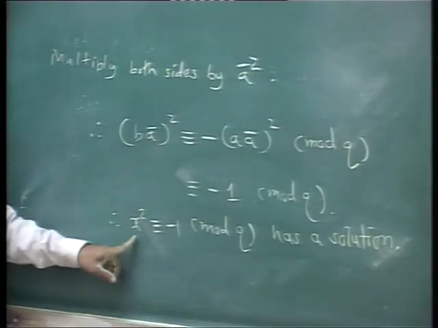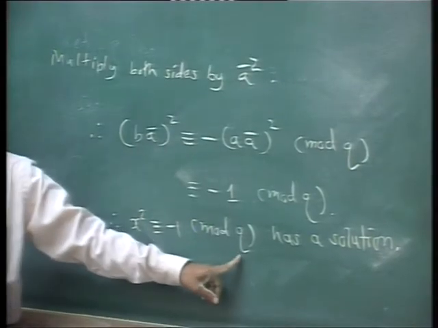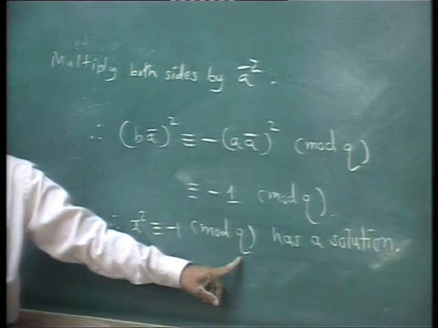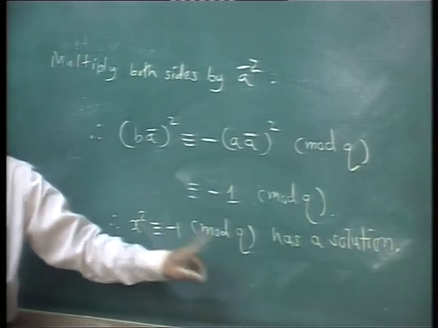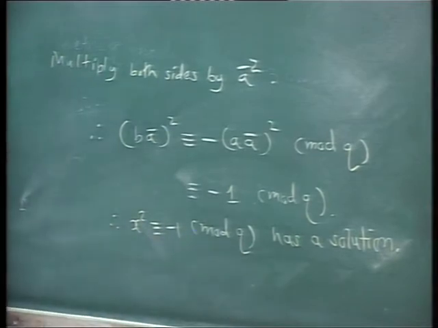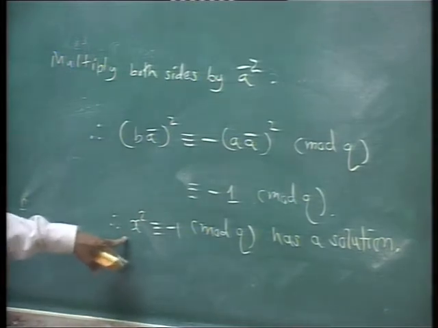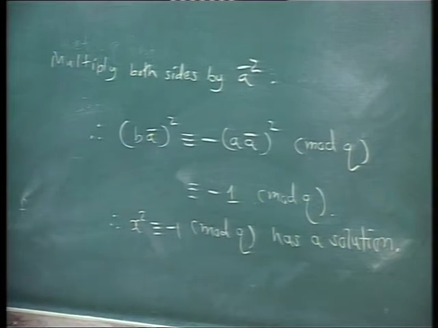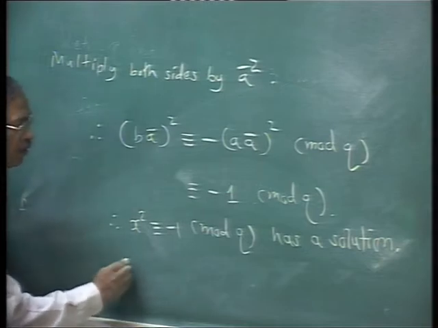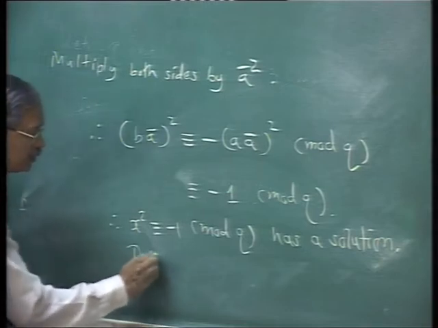Now, because this congruence has a solution, what can you say about q? We can say q has to be 1 mod 4, or 2, then only a solution is possible, whereas we know that q is 3 mod 4. So, this is a contradiction.